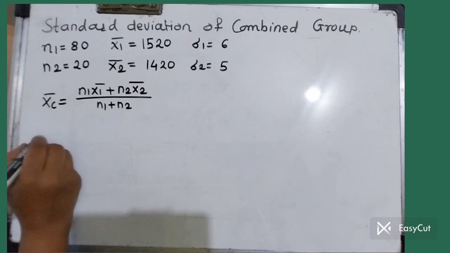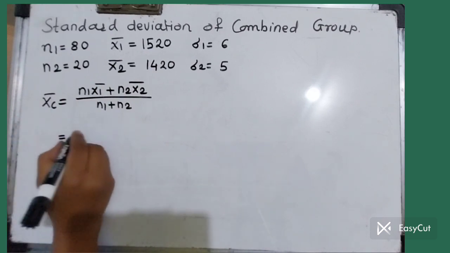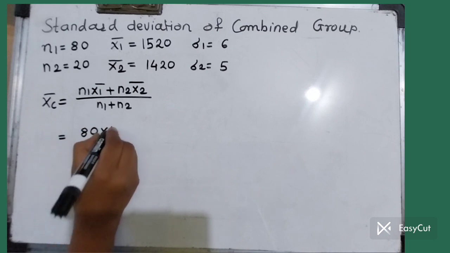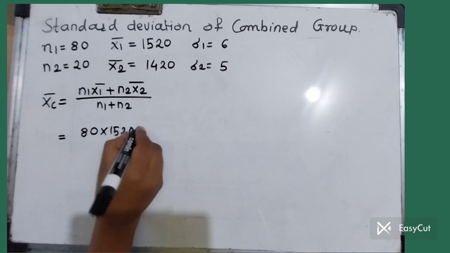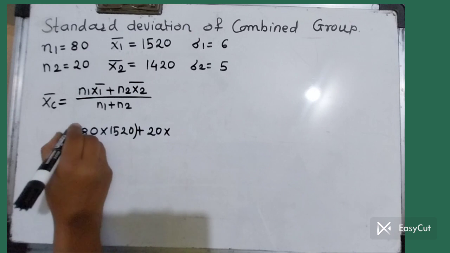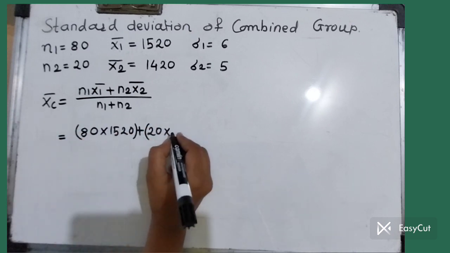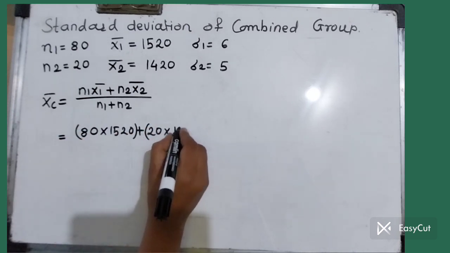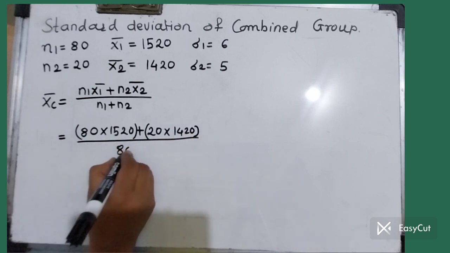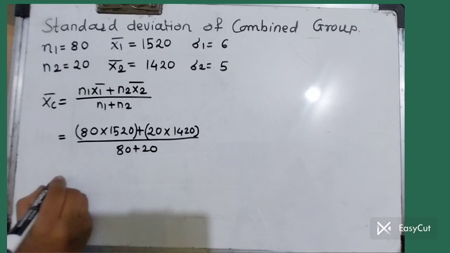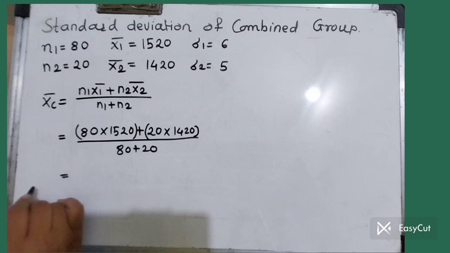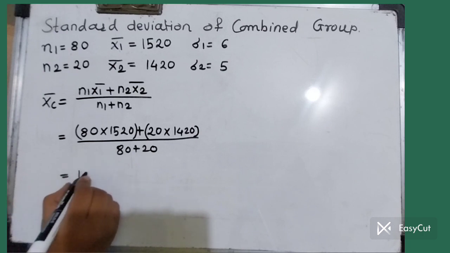Put all values here. xc bar equal to n1 is 80 into 1520 plus n2 is 20 into, I put bracket here, 20 into x2 bar is 1420, upon 80 plus 20. Okay, using calculator, xc bar is 1500 here.